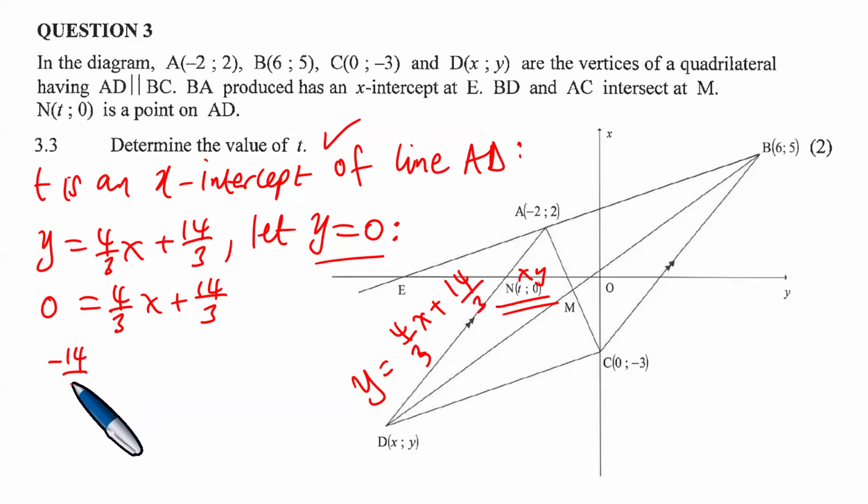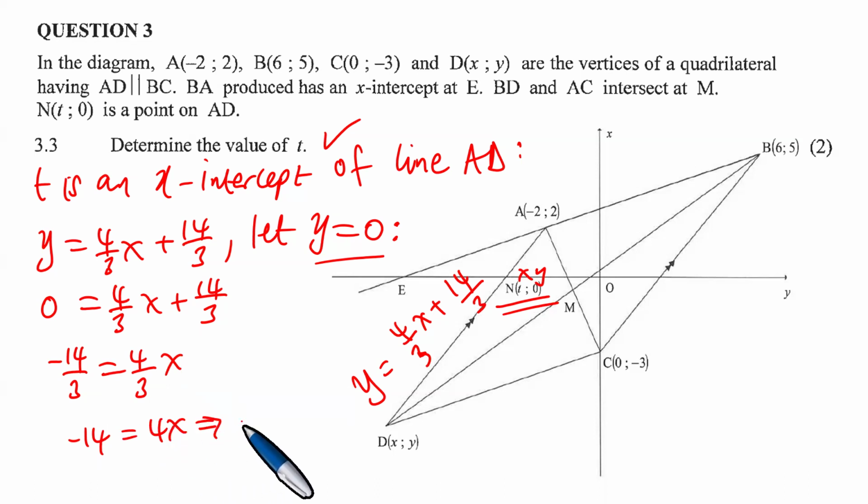Which means minus 14 over 3 equals 4 over 3x. You multiply through, so we have minus 14 equals 4x. This means x is minus 14 over 4, which is minus 7 over 2.